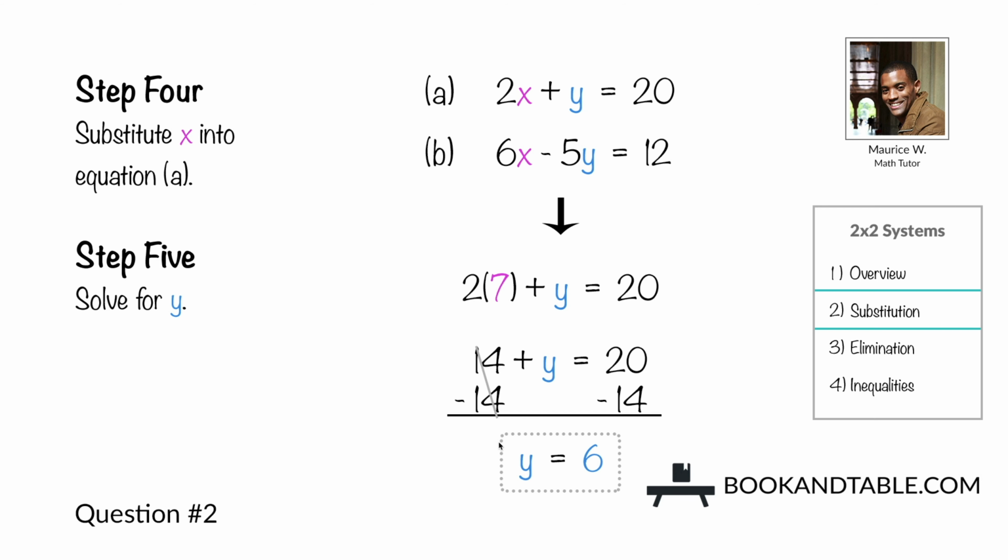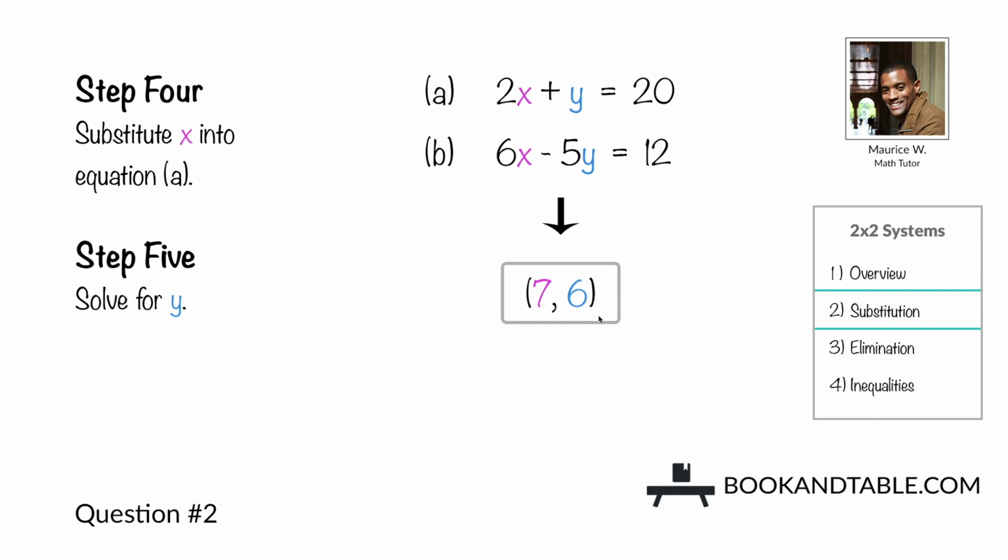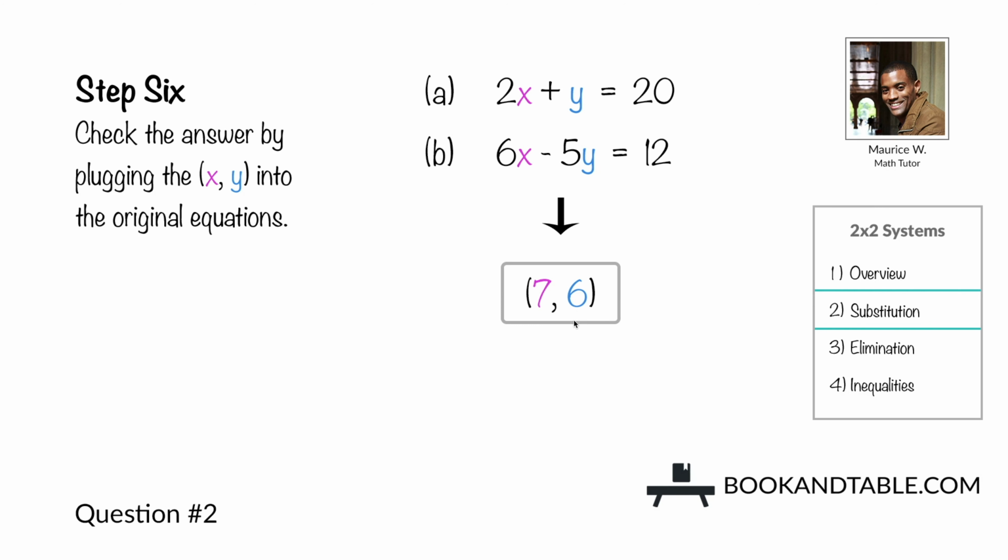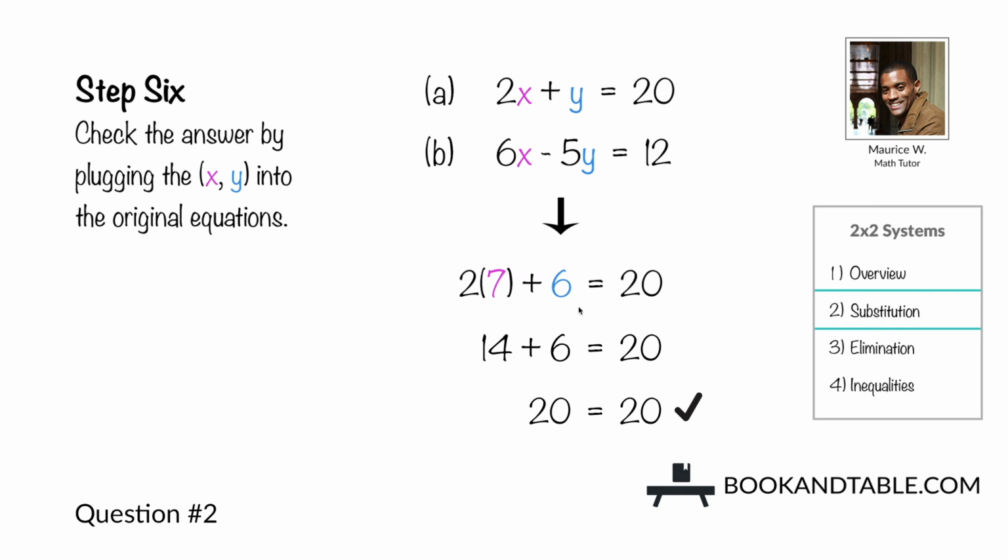So for question number 2, we get x is equal to 7 and y is equal to 6. And to check this answer, step 6, we could plug it into both of the original equations to confirm that x does equal 7 and y does equal 6 for both. So for equation A, 2 times 7 is 14, plus 6 would give you 20 is equal to 20.